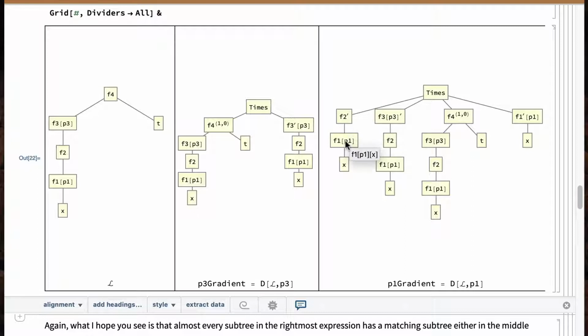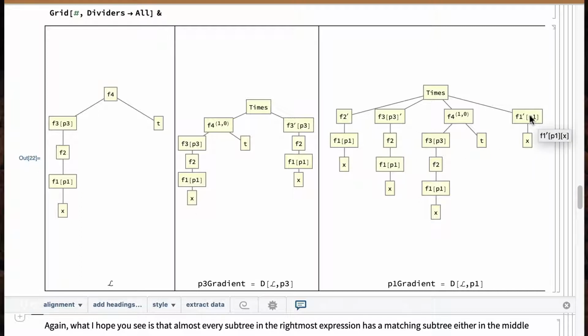What about this first branch? Well, F1P1 of x. Again, we should have computed that on the forward pass and stored it. F2 prime is just computed once. All of these pure functions here are just computed once. So it's just a matter of applying a pre-computed function to a pre-computed value.